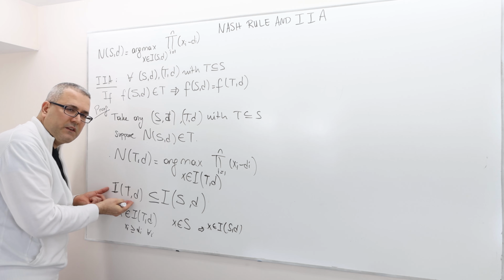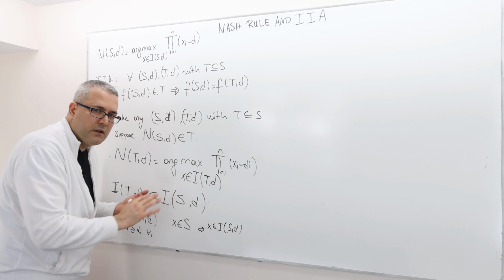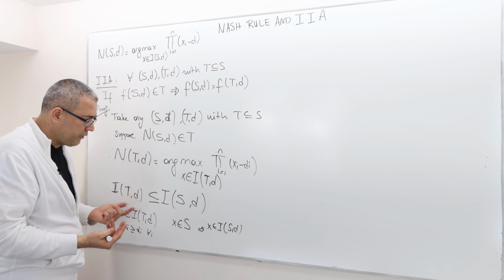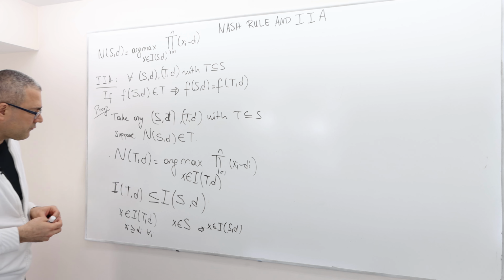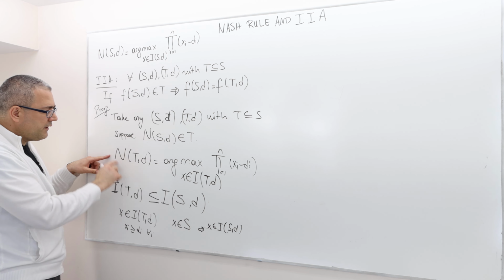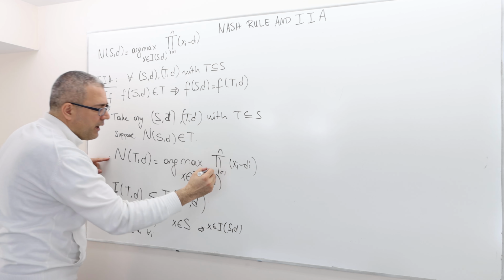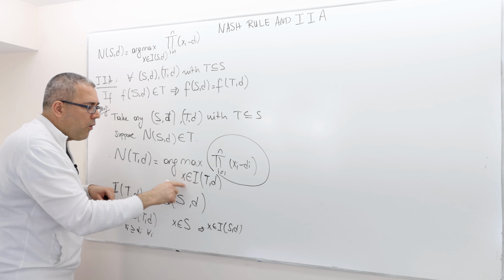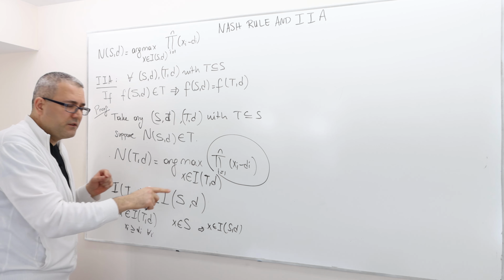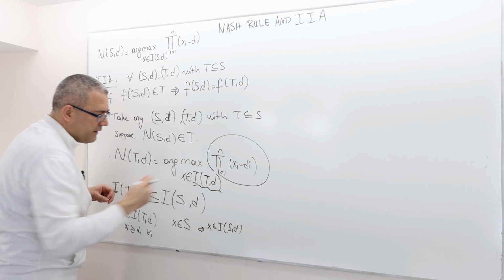So every element here is also in here. The converse is not necessarily true. What does that mean? That means the Nash solution is maximizing this multiplication among all the feasible payoff vectors in this set.